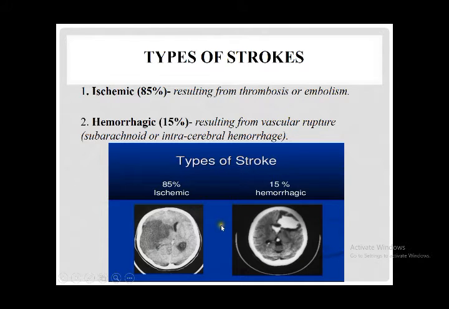This is the CT scan differentiation between ischemic and hemorrhagic stroke. As you can see here, this is an infarcted hypodense area in the right middle cerebral artery area, which is showing right MCA infarction, and this is a hyperdense shadow on the right side.